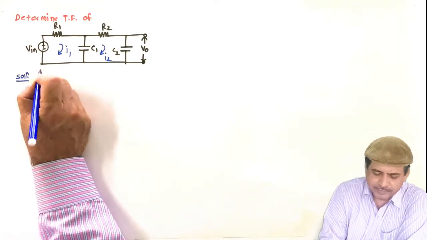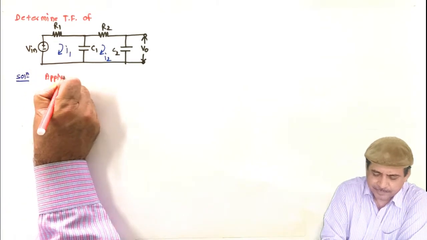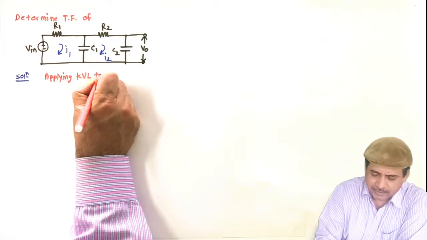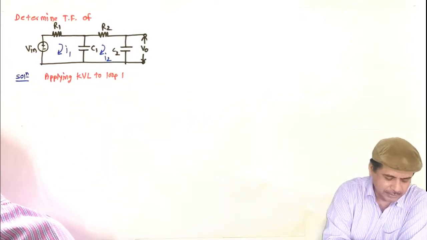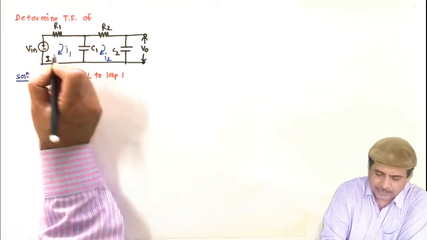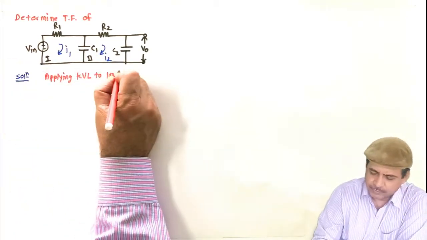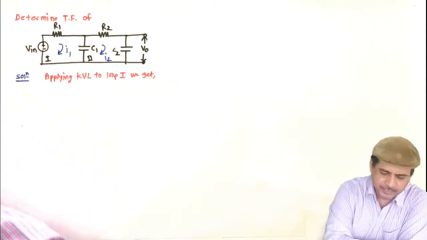That will give me, say, applying KVL to loop 1. I will call this loop 1 and this loop 2. What do we get?